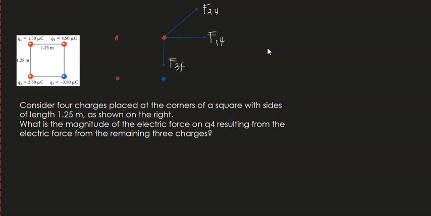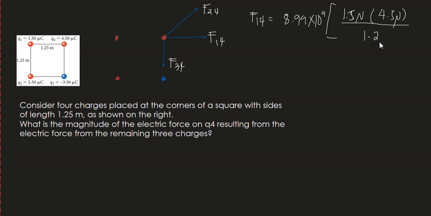So this time, we will apply the summation from our physics subject. Let's start with F14. So F14 is equal to 8.99 times 10 raised to 9, multiplied by Q1 and Q4. Q1 is 1.5 micro multiplied by Q4, which is 4.5 micro, all over the distance between the two, which is 1.25 meters squared.